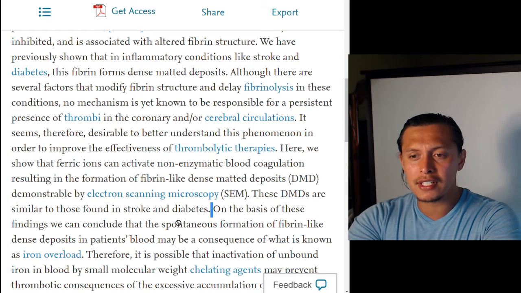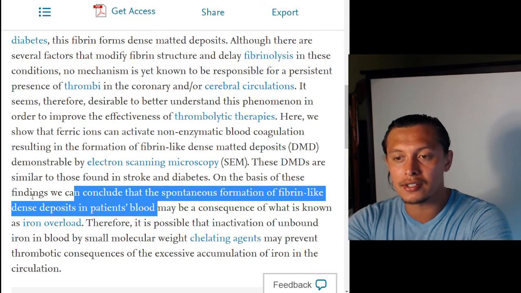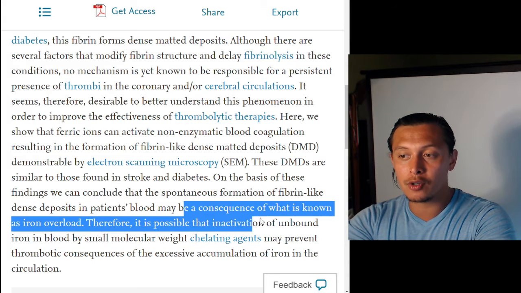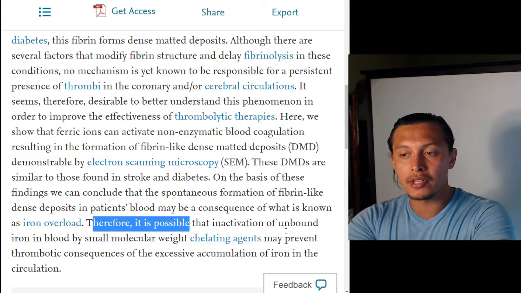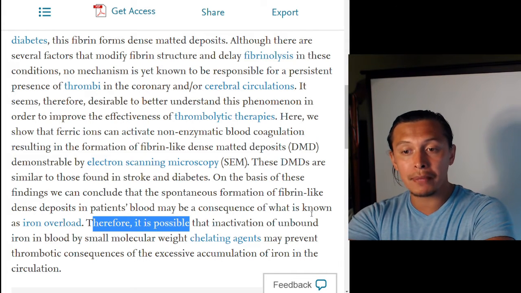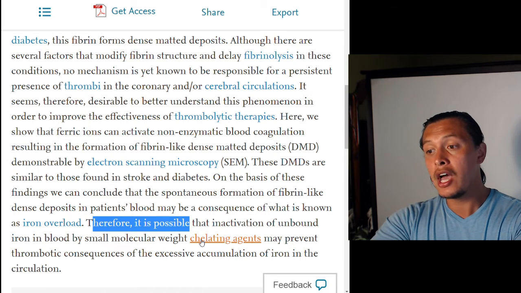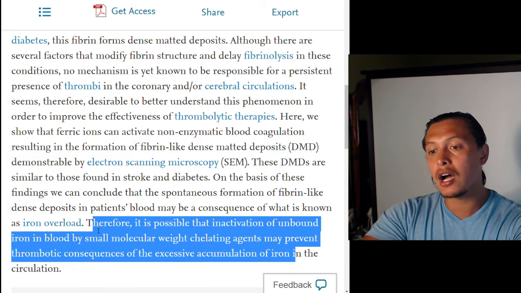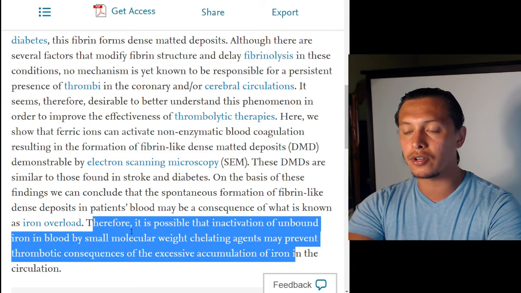On the basis of these findings, we can conclude that the spontaneous formation of fibrin-like dense deposits in patients' blood may be a consequence of what is known as iron overload. Therefore, it is possible that the inactivation of unbound iron in the blood by small molecular weight chelating agents may prevent thrombotic consequences of the excessive accumulation of iron in circulation.